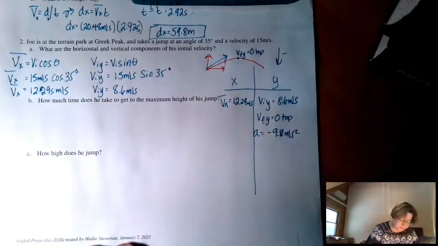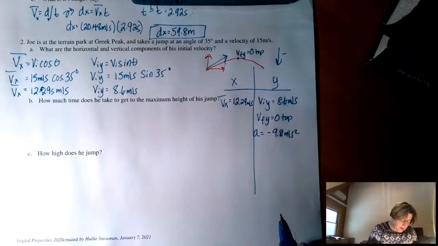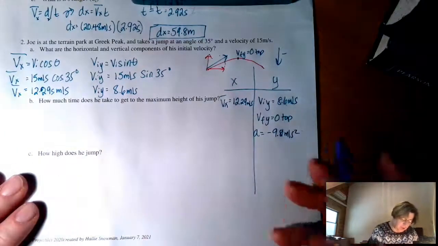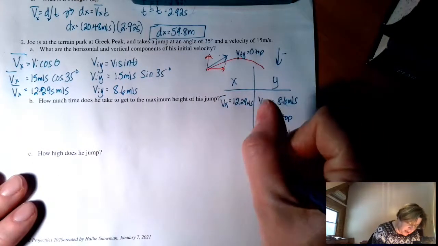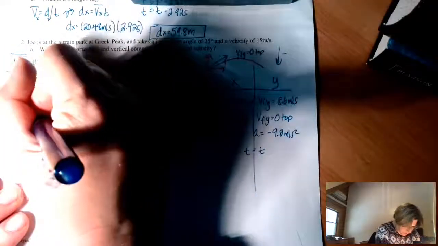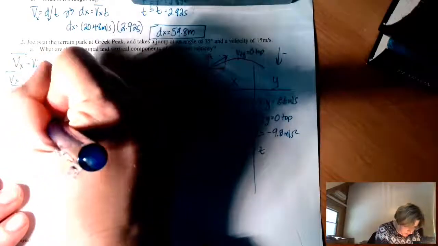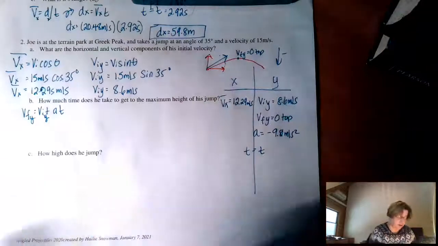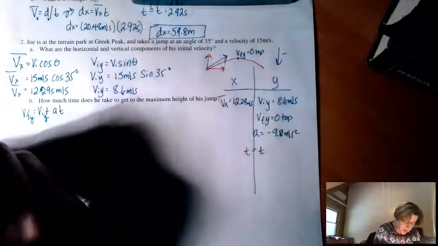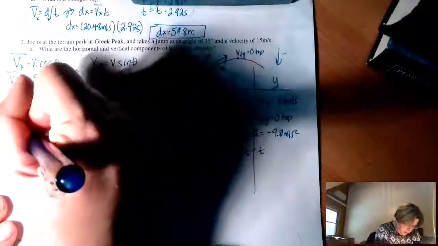All right. How much time? Again, when in doubt, you're going to find time, but they're reminding you to find time. So same formula we used before: Vf equals Vi plus At. Again, be careful to use subscripts unless you're being super careful about keeping x and y separate. All right, so 0 equals 8.6.